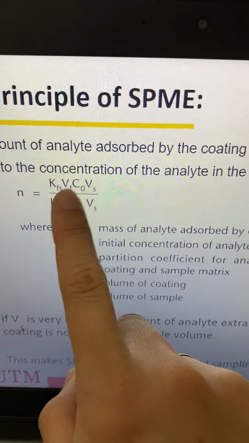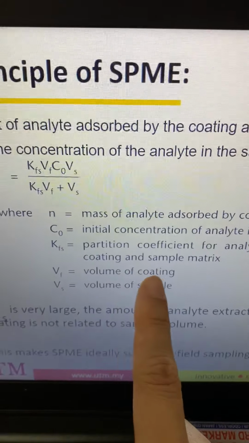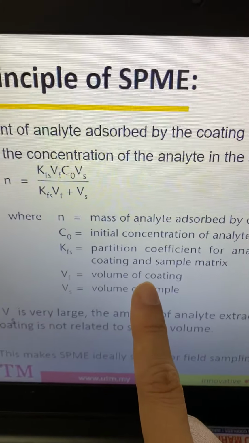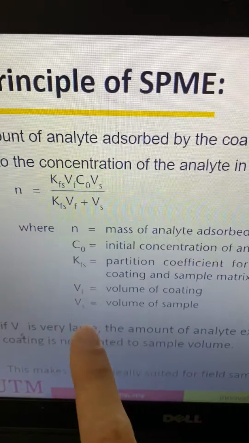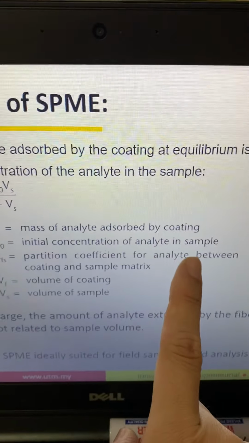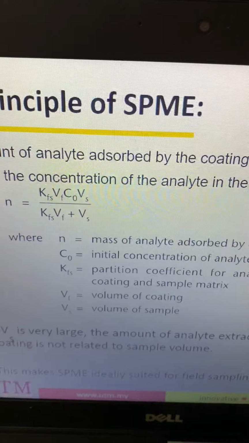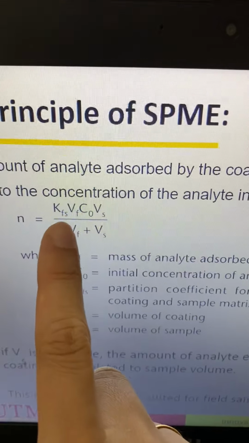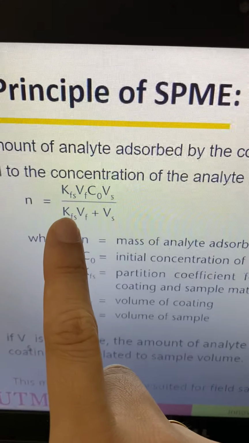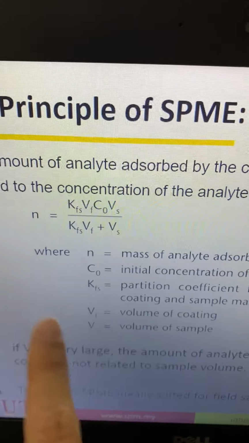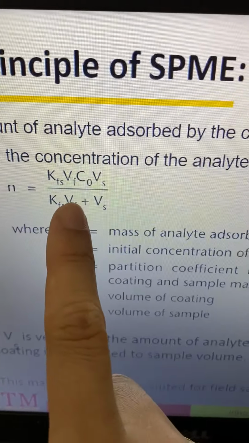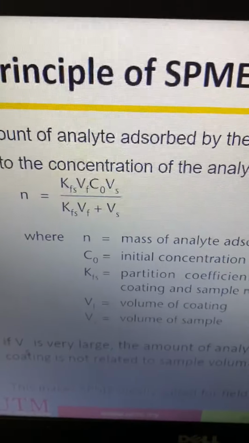Then we have the volume of coating, and this is usually in microliters. C_0 is the initial concentration of analyte in the sample, and V_s is the volume of sample.